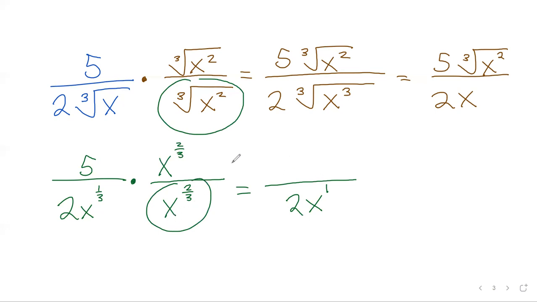And so just to finish this one up, on the top, we'd have the same thing, 5x to the 2/3. And so you can see we end up in the same place. If we converted this back to radical form, it would be 5 cube root x squared over 2x. So either way of understanding it is fine. Either way of doing it is fine.